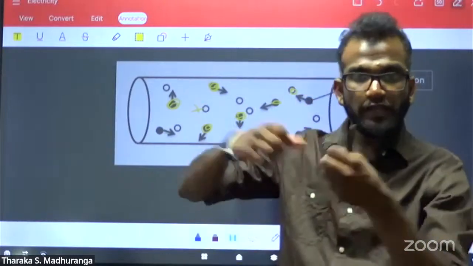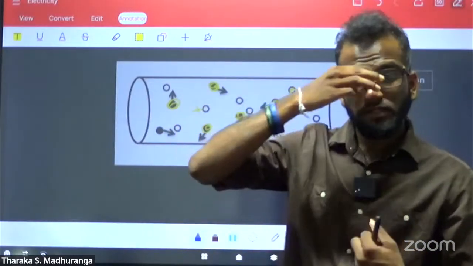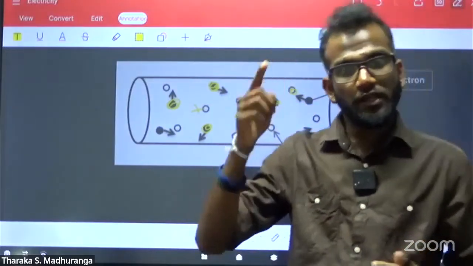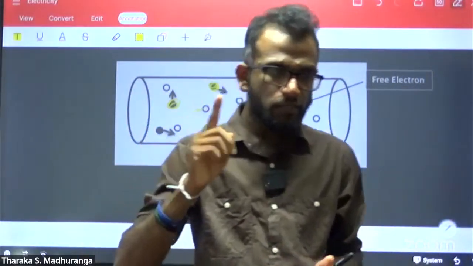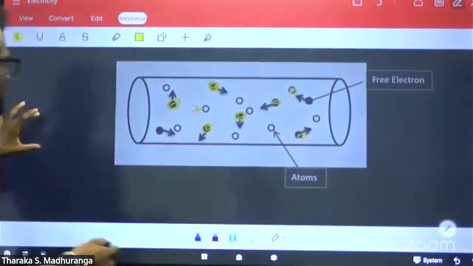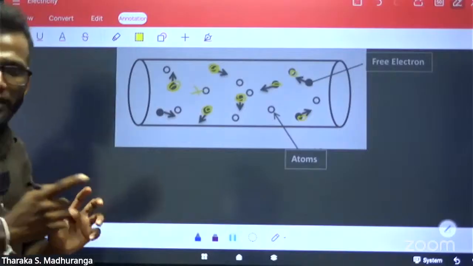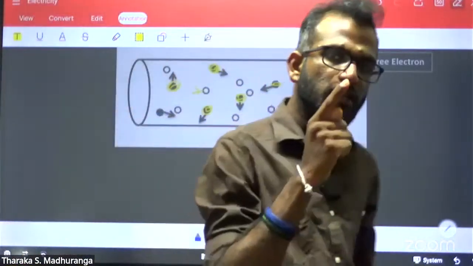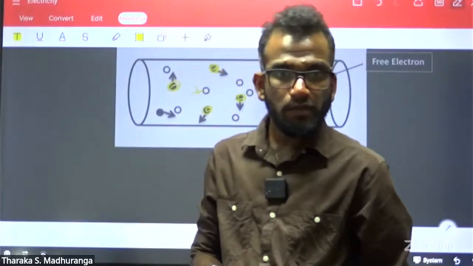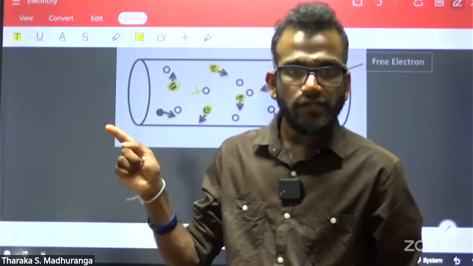If these electron collisions are increasing, that's why in a conductor, like copper, a good conductor, when temperature increases, its conductivity decreases. Remember, I told Amar, what is the reason?